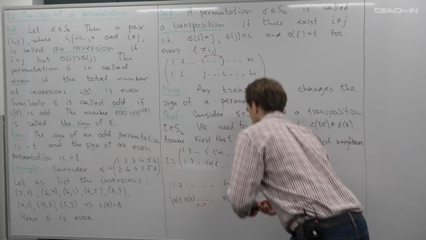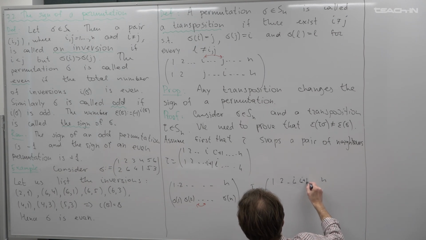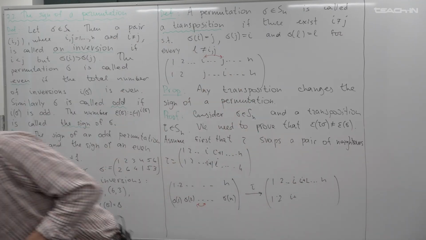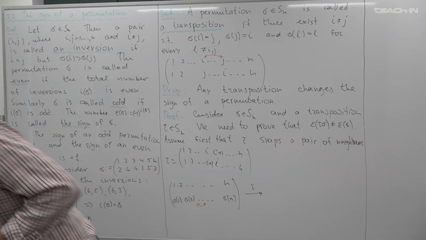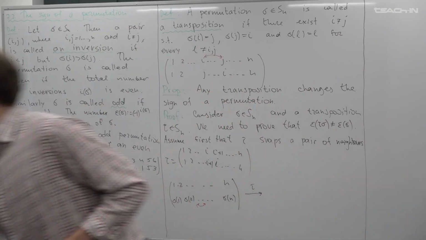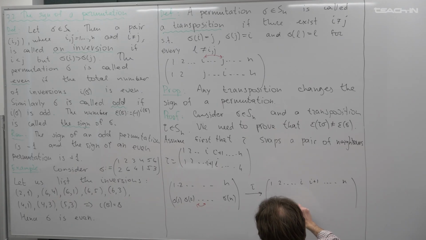So we get sigma of 1, sigma of 2, here sigma of i plus 1, here sigma of i, etc., sigma of n. That's because we swap these two elements.